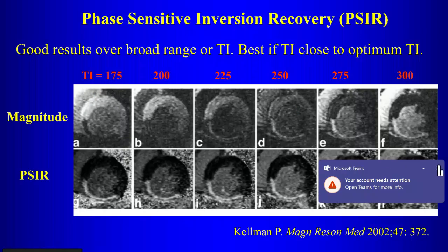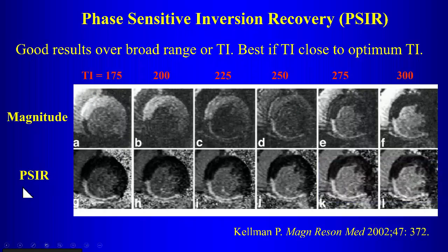But if we use our phase-sensitive inversion recovery sequence, it keeps the abnormal myocardium bright, and it keeps the normal myocardium dark. Okay, so that's the advantage of this sequence, is you don't have to find the perfect inversion time.